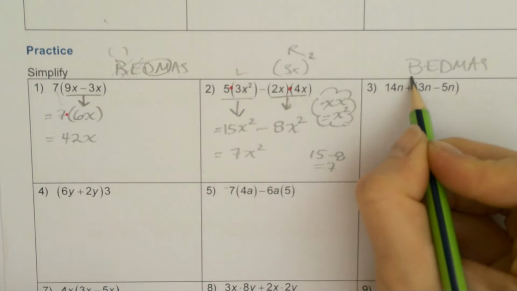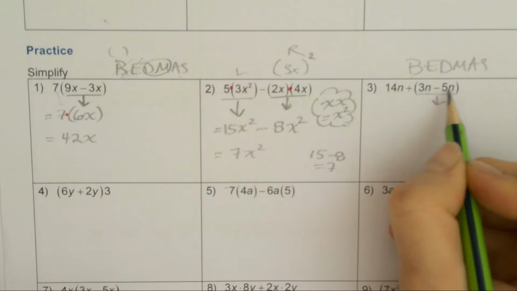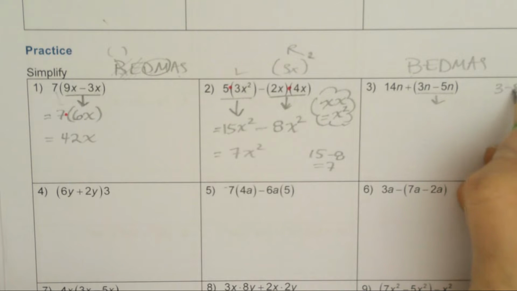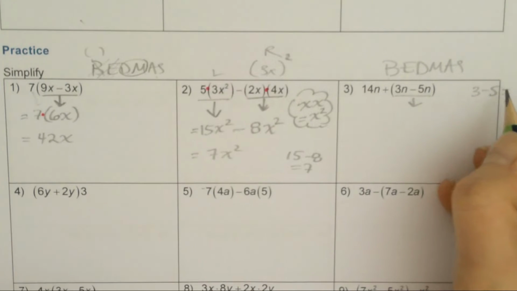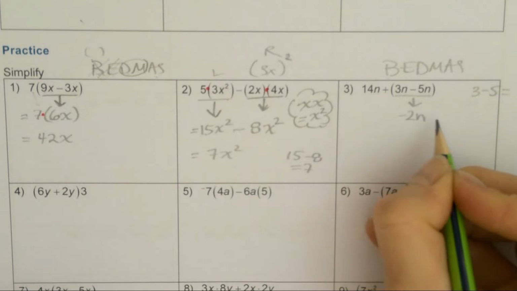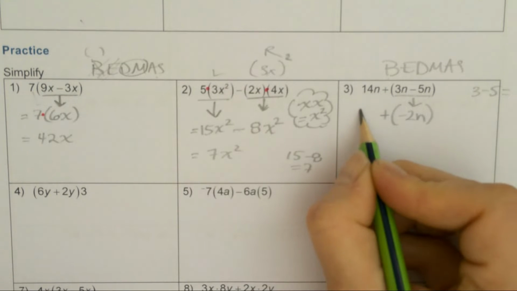Inside my brackets? Yeah, I have some brackets here. And look, I can do something inside them. And they're both n, so they are like terms. So 3 minus 5 is equal to minus 2, so that's minus 2n. Keep my brackets, plus, write everything the same.